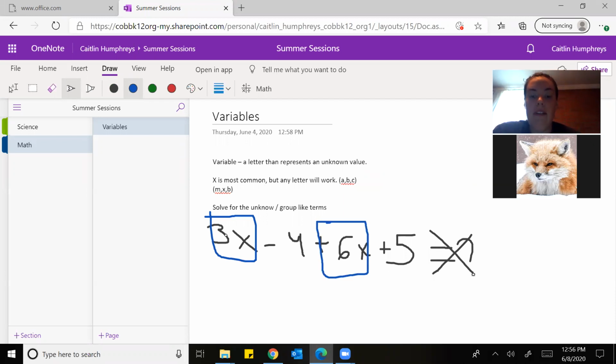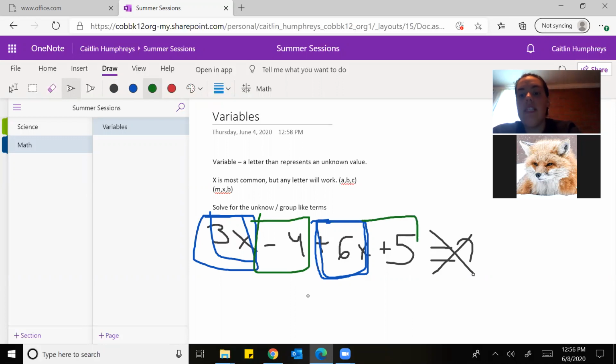The problem that we have when we approach this is the symbols in front of the numbers. The symbol in front of the number goes with that number. So this 6x is positive. This 4 is negative. This 5 is positive. The symbol in front of the number goes with it.